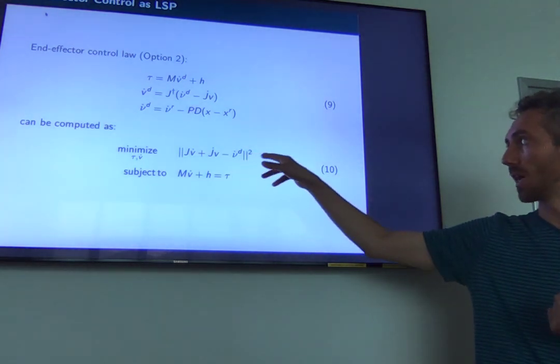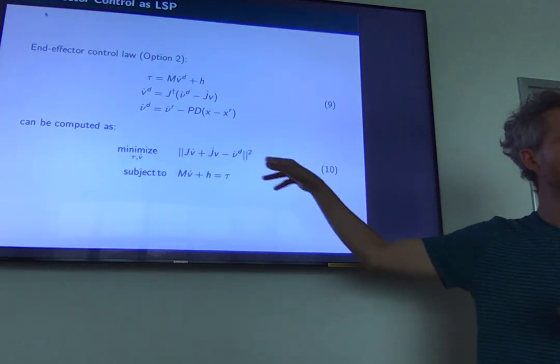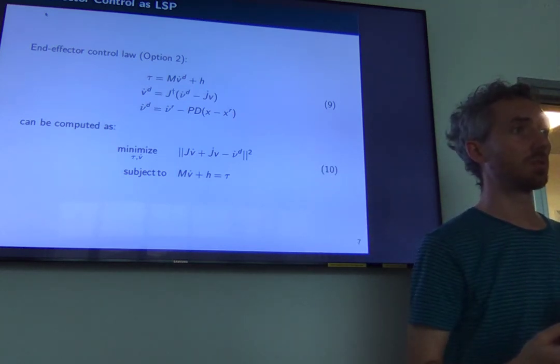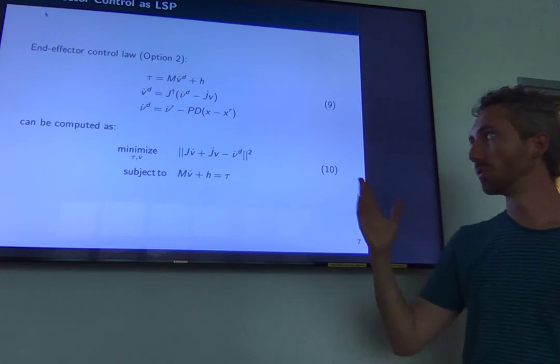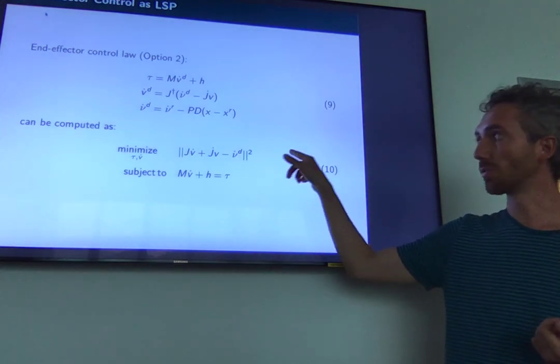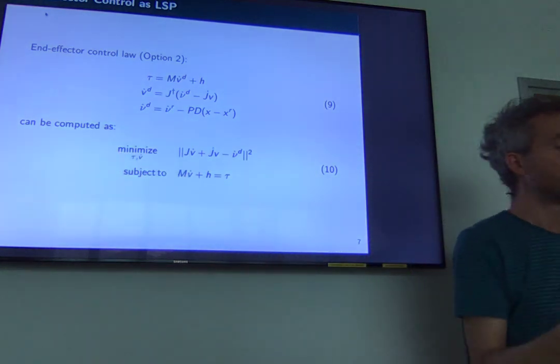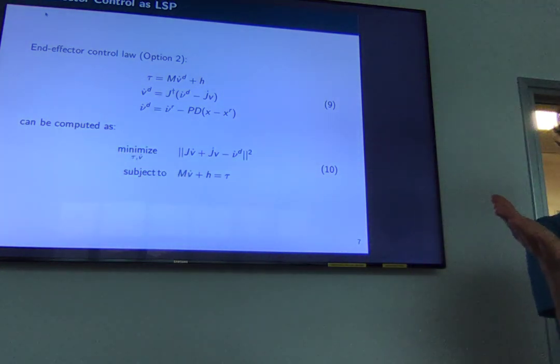We are going to add some other terms to the cost function so that we have a problem with a unique solution. I mean, you can simply add some regularization term penalizing the norm of V dot, for instance, and that's going to be equivalent to saying that you want to choose the solution with the least norm. So you go back to the same solution you get with the pseudo inverse. Okay, thanks.